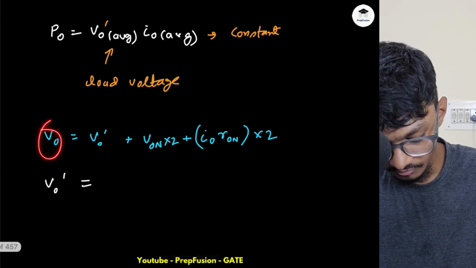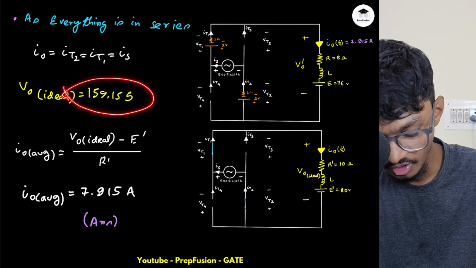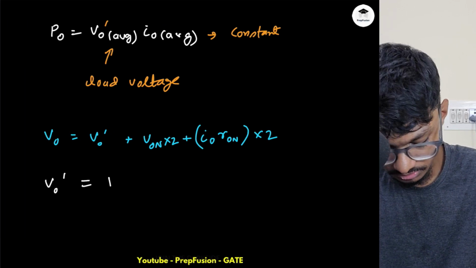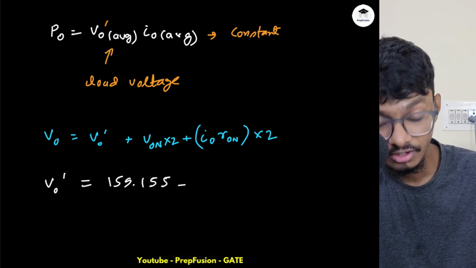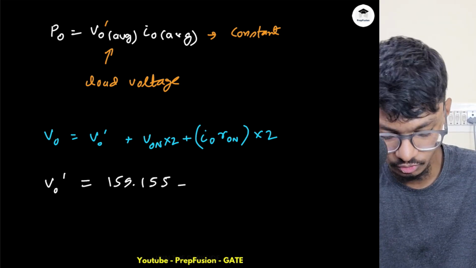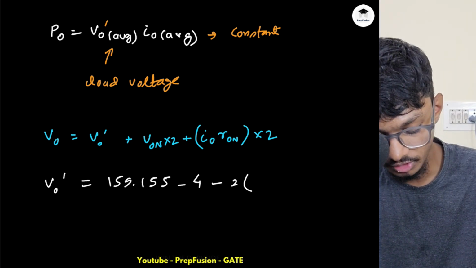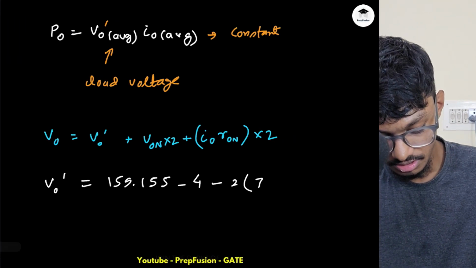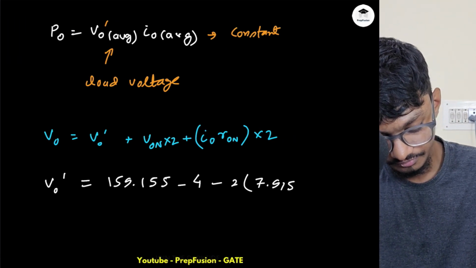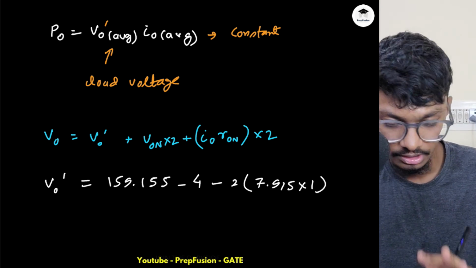VO is simply this value, whatever I compute, VO ideal. So it is 159.155 minus V on into 2. V on is 2, 2 into 2 is 4, minus 2 times IO into R on. IO is 7.915. R on is 1 only, and the 2 I have already written at the start.